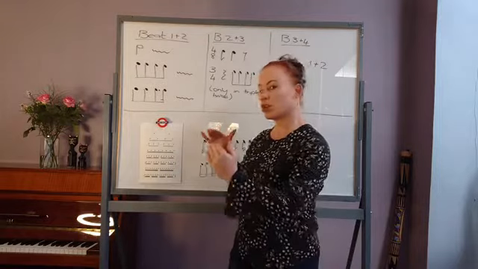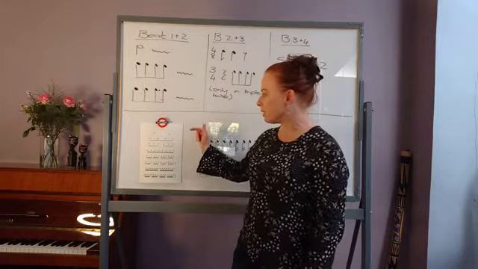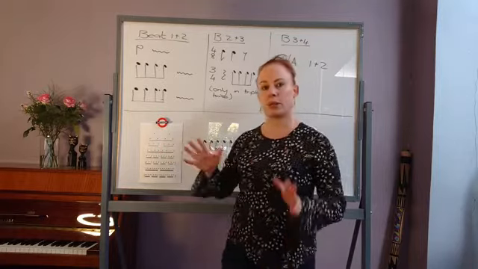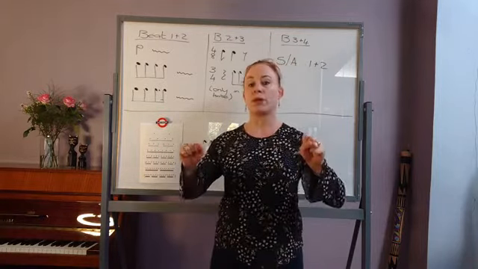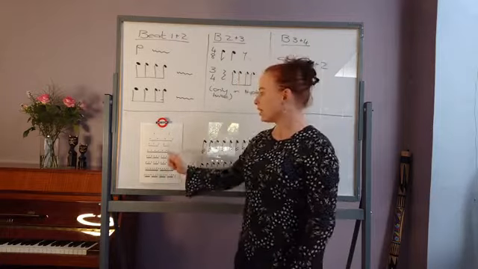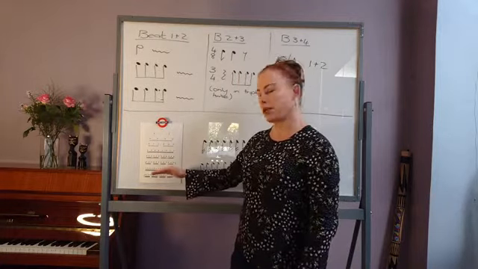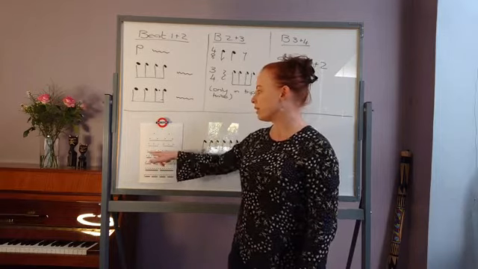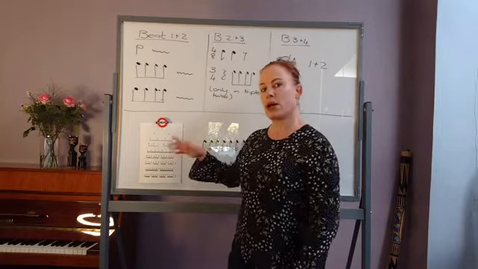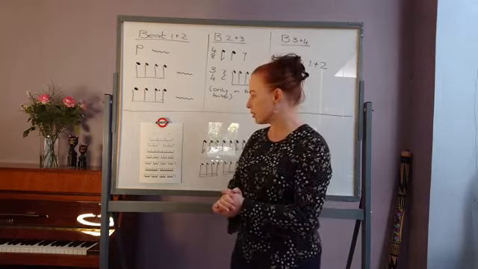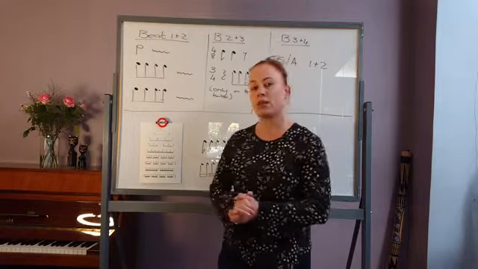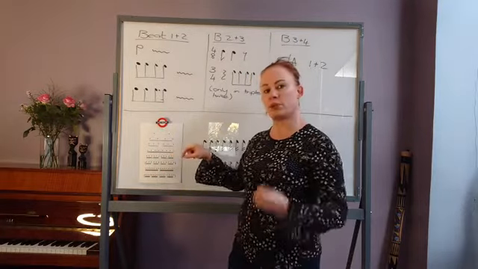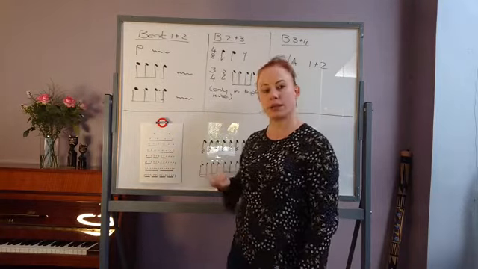So here I just show you how we divide the beat, and you can see up to here I didn't split any part of the beat, but to make it easier to read, I start splitting the beat from here. So if you look at this, I don't know about you, but for me this is difficult to read. So I would rather then split the beat in half there, but you are allowed to also, when it gets to semiquavers, put it like this.